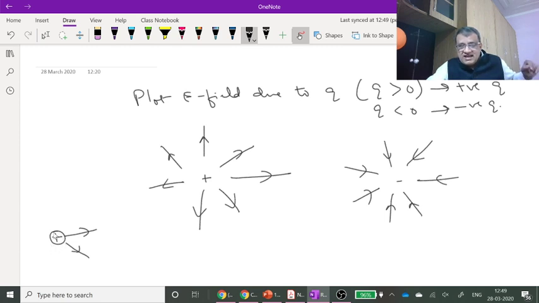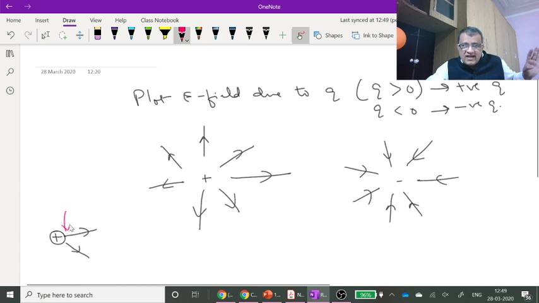If it is a metallic shell, the field on the surface can be defined. We will see it very soon. Outside it will be radially out, but on the surface it will be defined, so you have to touch it. So let me change the color.